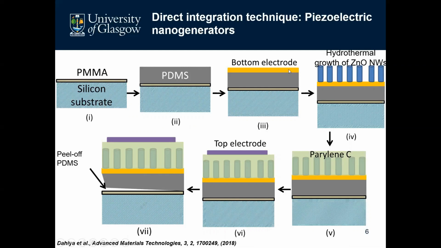We deposit a bottom electrode over it, followed by the low temperature growth of zinc oxide nanowires on it. We encapsulate these nanowires in a polymer. Finally, a top electrode is deposited to capacitively couple the generated charge in the nanowires, and the last step is to peel off the device from the rigid substrate.